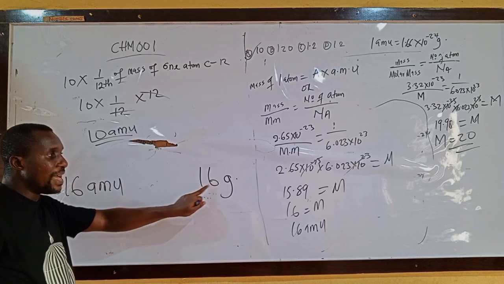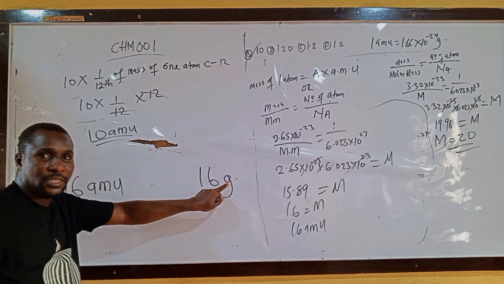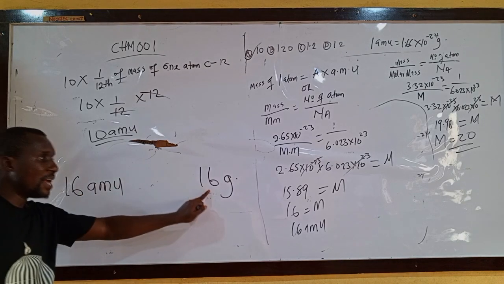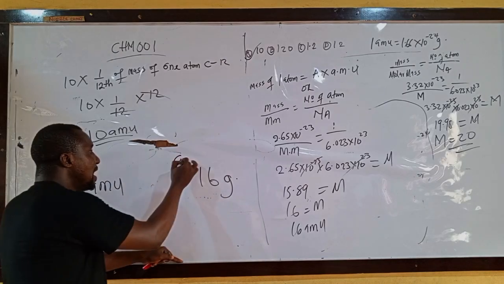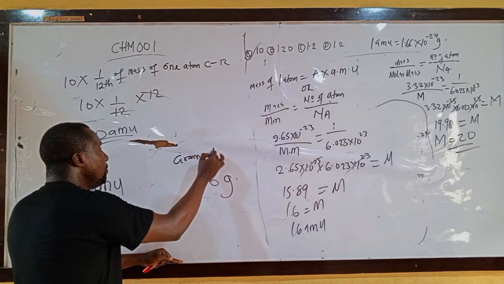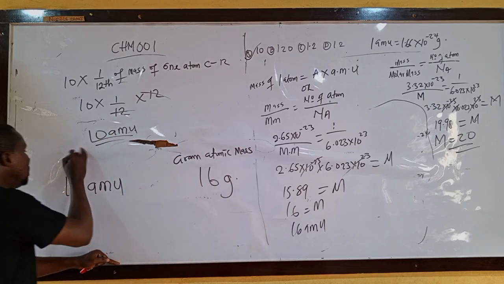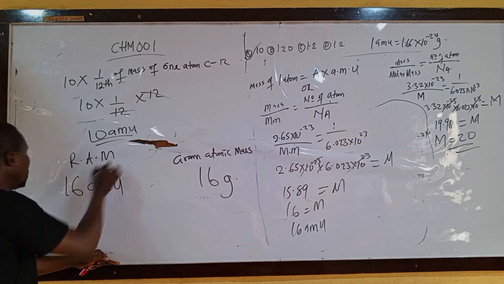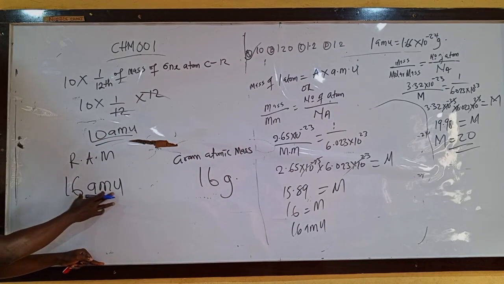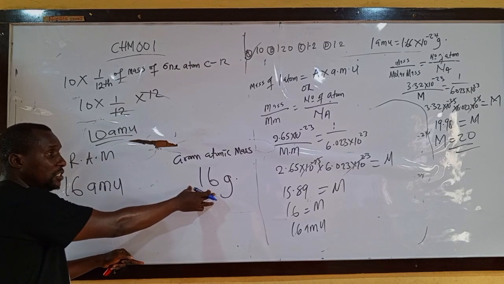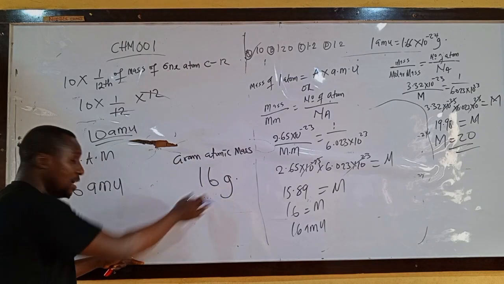This is the gram atomic mass of oxygen, and this is the relative atomic mass of one atom of oxygen.